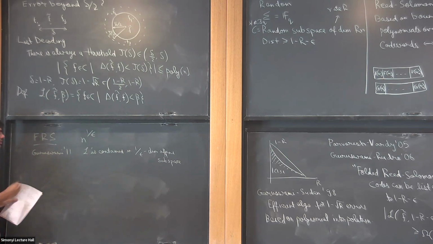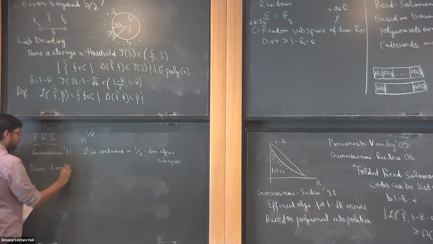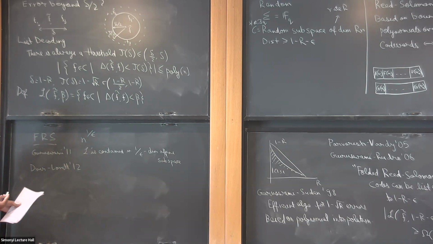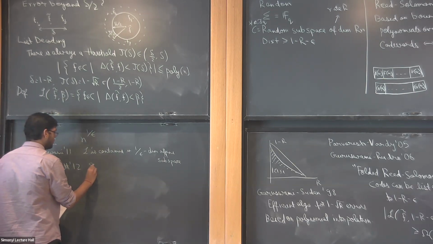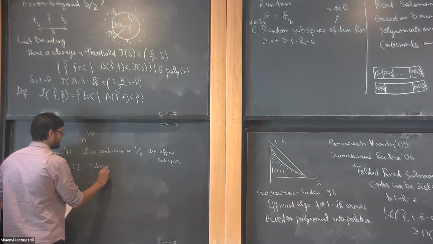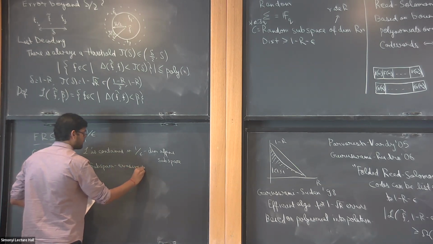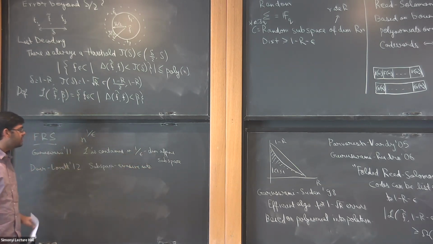But he proposed this constant dimensional affine subspace as a way to improve list sizes, and that indeed happened by Guruswami and Xing and Lovett in 2012, who constructed these objects called subspace evasive sets. So the idea is that these are constant dimensional affine subspaces.